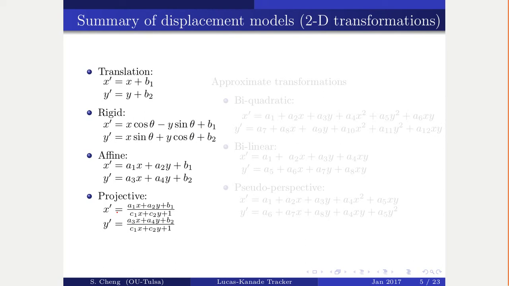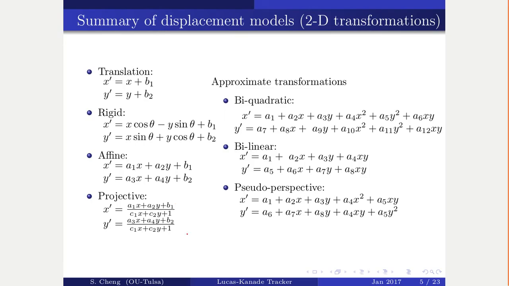And also we can have a projective transform like this, but you see that this is no longer linear, and also it's actually not even polynomial. So for that matter, sometimes it's hard to manipulate. Therefore, we have some approximate transforms that are typically used to approximate this projective transform. So for example, we have the polyquadratic, bilinear, and pseudo-perspective transforms.